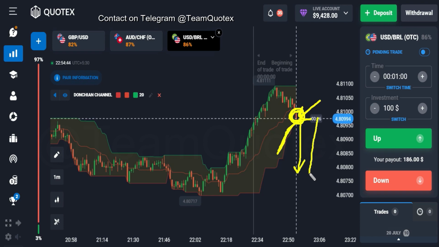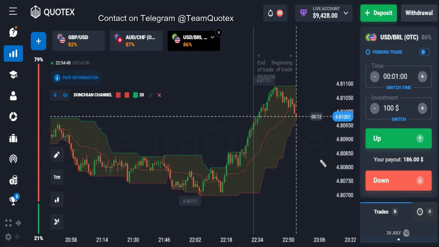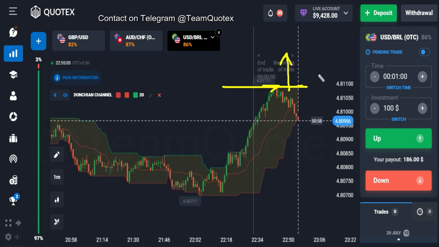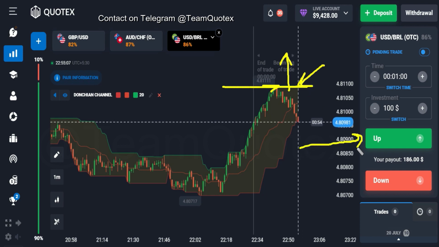Then we can try to place our trades in downward direction after getting the confirmations, of course. And on the other hand, if the price breaks the upper channel of the Donchian channel in upward direction, that means it's indicating us a potential upward trend, and we can surely get some good entries and trade in up direction from here. So this is the basic concept.